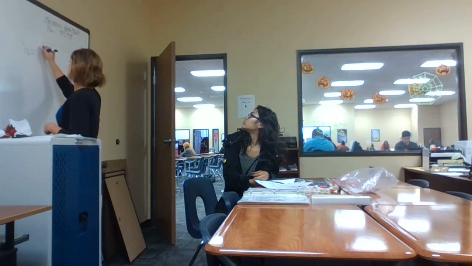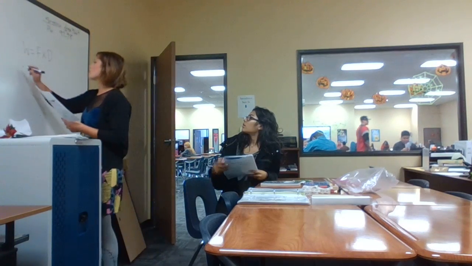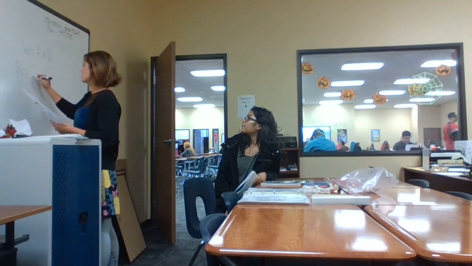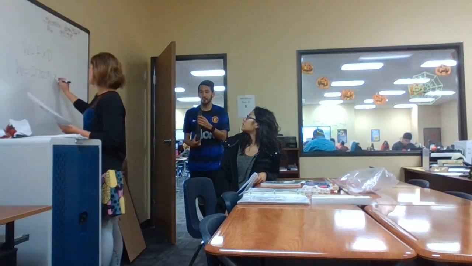So work equals force times distance. So what is our force in this problem that they're giving us? Yeah, 2,700. So work equals 2,700 newtons. And then what is our distance in this equation?